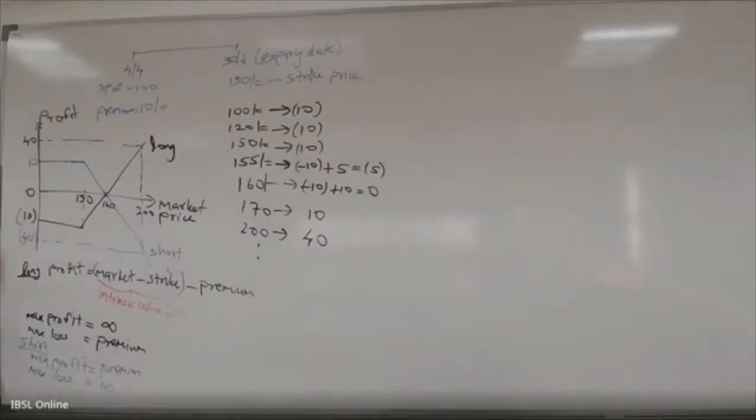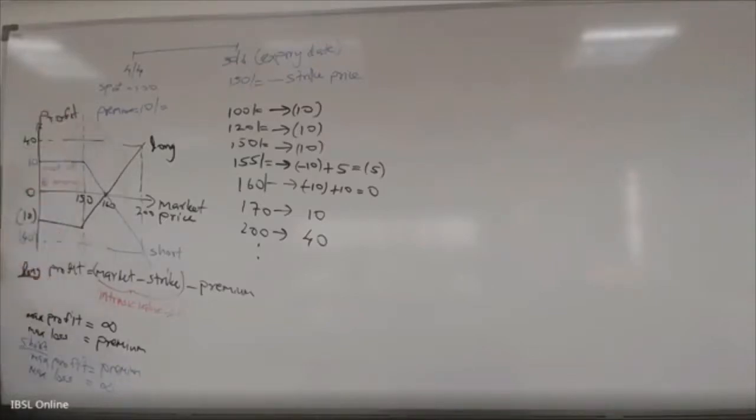Now, if you analyze this diagram further, you will notice that there are three distinctive regions. If I draw a line across the strike price, below the strike price, this contract will not be used, and so this is called out of the money.